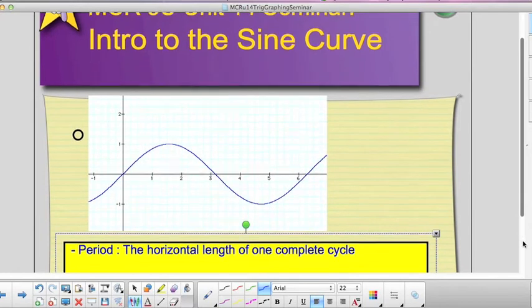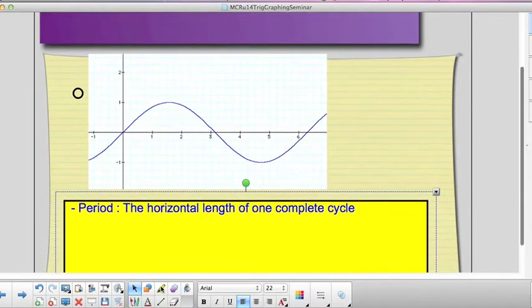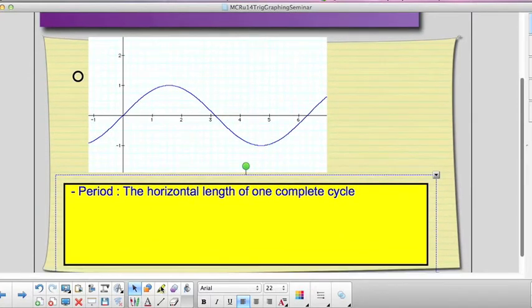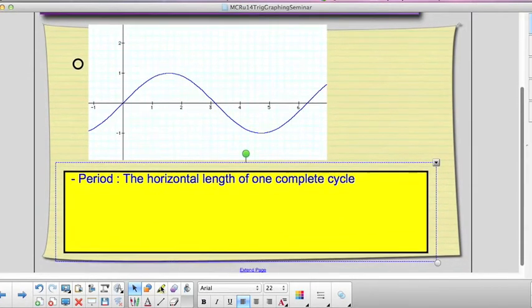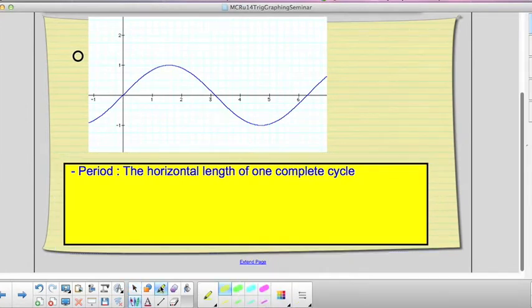The period would not be in terms of radians because I can see that I have numbers along my x-axis. I know I don't have a vertical stretch because it's moving from +1 to -1. But to complete one full cycle, that's a little after 6, probably 7. So over here my period is 7.